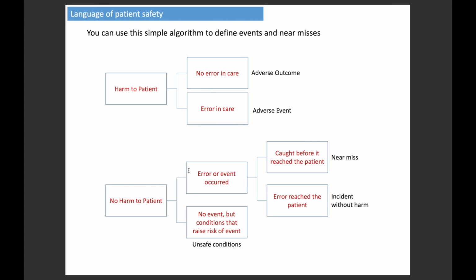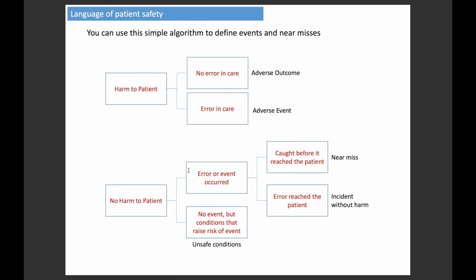So if there's harm to the patient, what you want to ask yourself is, was there an error that occurred that caused harm to the patient? So let's say the wrong antibiotic was given and the patient had an allergy to this and they went into anaphylaxis. That would be considered an adverse event, that there was an error in care and harm occurred.